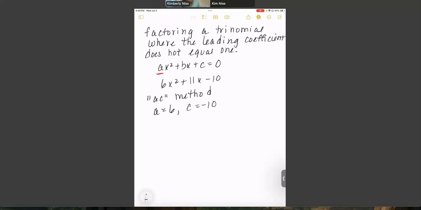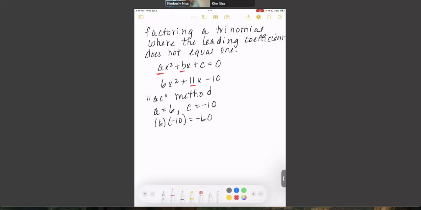So using the AC method, we're basically going to take 6 and multiply it by negative 10 to get negative 60. So now we need to find out what factors of negative 60, added together, give us 11. Because when we go back up here where we have b, in this case, b equals 11.